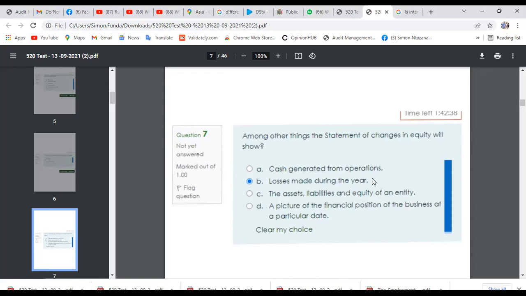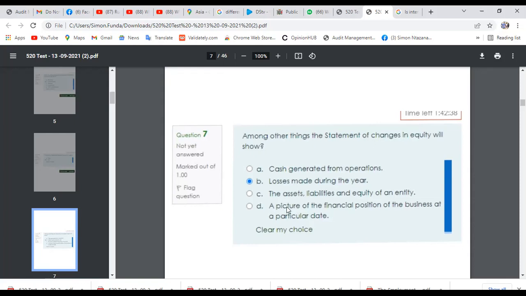So cash generated from operations, no. Here we don't record any cash. The assets, liabilities, and equity of an entity: this one cannot be, because we don't record any assets or liabilities there. Of course, we record the equity. So since it's included, C is not correct. D, a picture of the financial position of the business at a particular date.